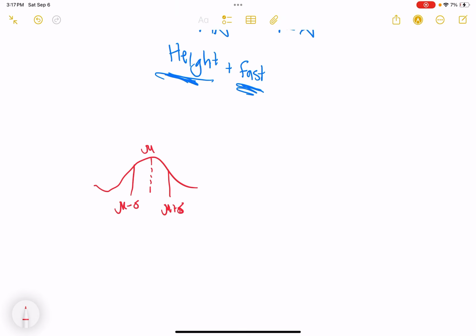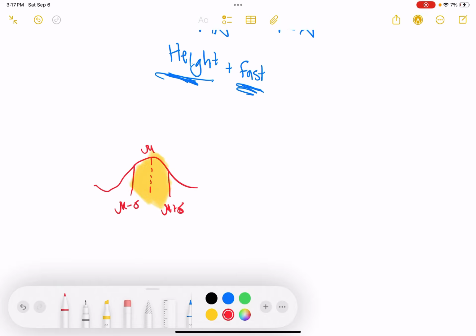Be able to do those small calculations, like adding or subtracting 1, 2, 3 standard deviations from your mean to interpret, and then be able to determine what area would be shaded for a particular distribution. If I asked a multiple choice or an FRQ question that had you interpret that, right? Oh, where would I expect the area shaded to be if it was between this number and that number? Be sure you're able to run those calculations.